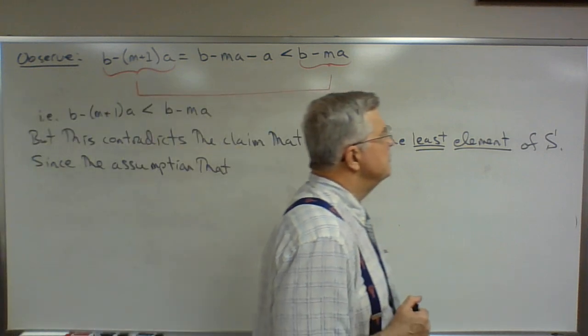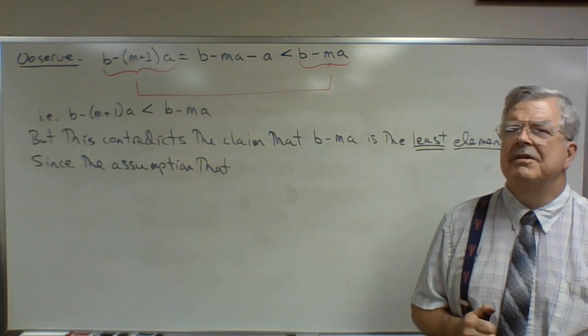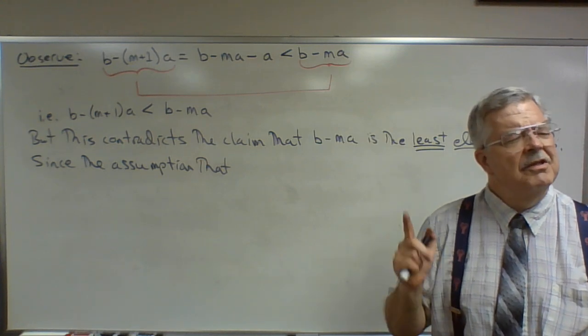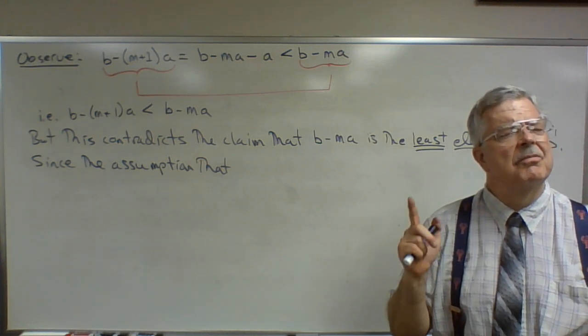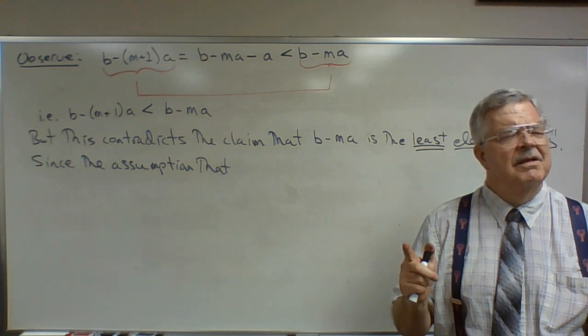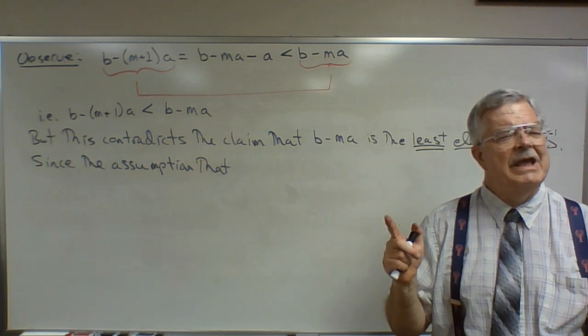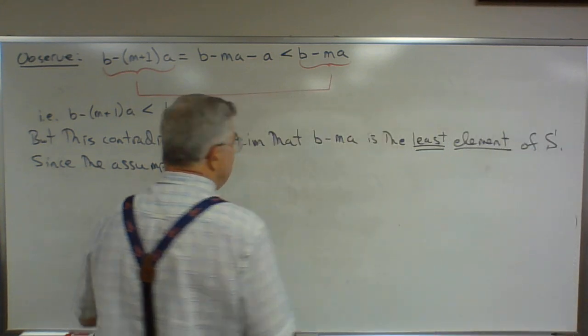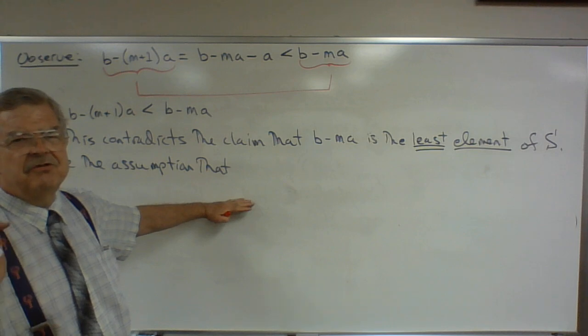Let's see. We assumed that there was no natural number n such that na would be greater than or equal to b. That's what led to this train wreck.